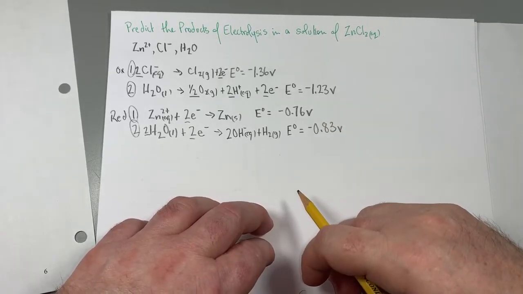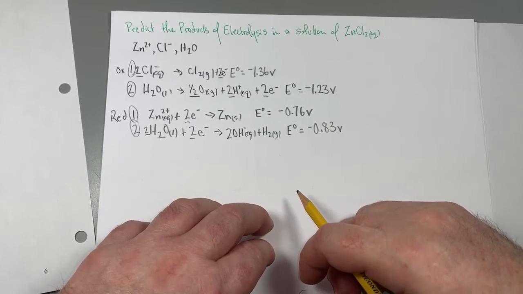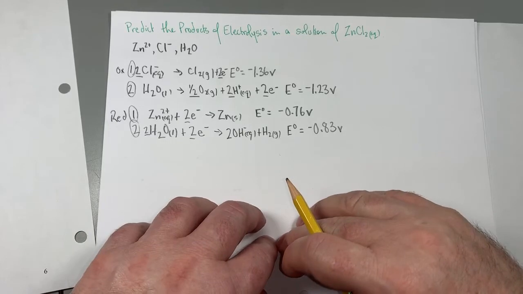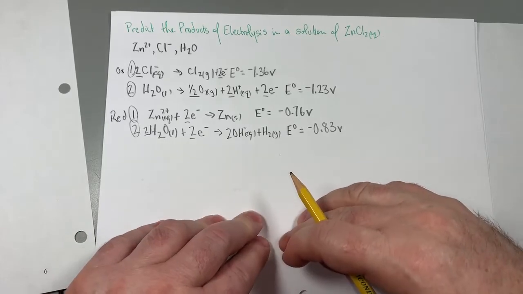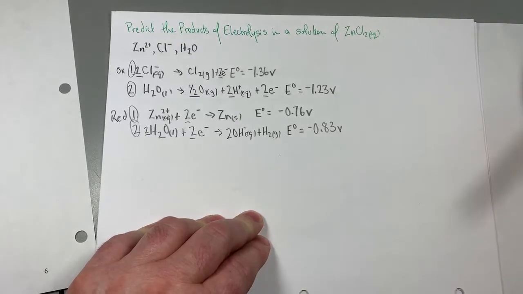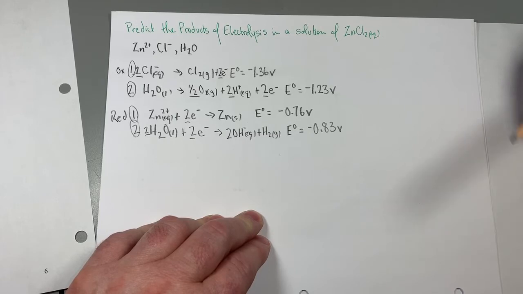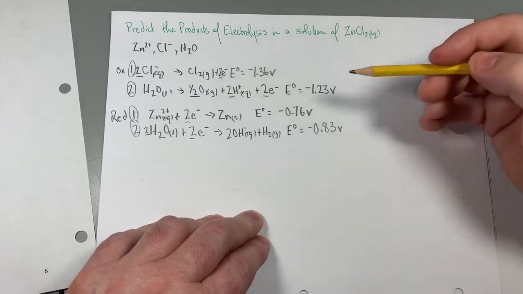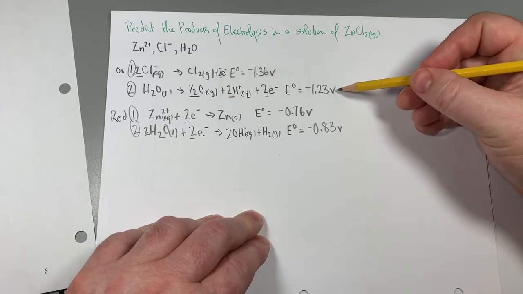Now, we have a list: 2 possible oxidations, 2 possible reductions. The oxidation and reduction which occur are the ones that are easiest. How do I know which one is easiest? Well, if I have a positive potential, that's easy because it's spontaneous. If I have a negative potential, it's non-spontaneous, and the voltage tells me how much voltage I need to cause the reaction.